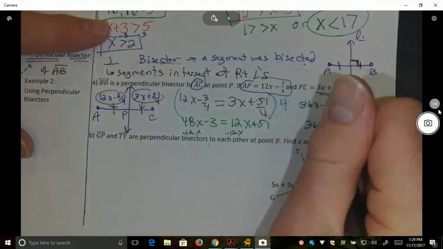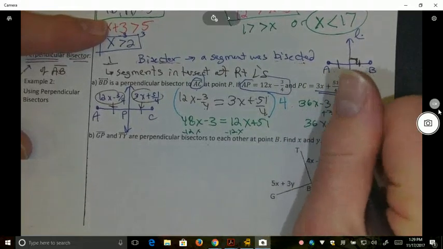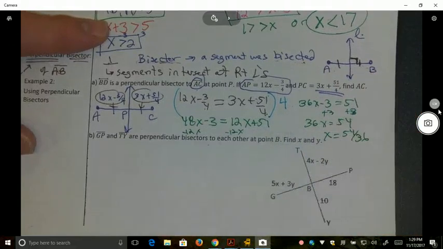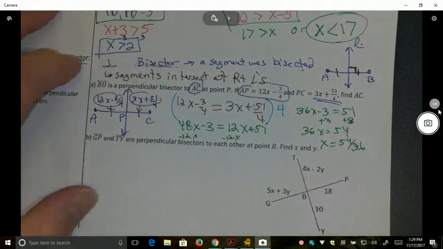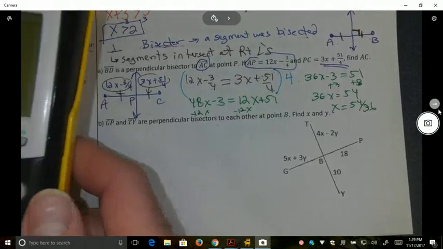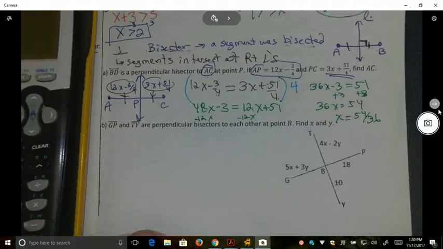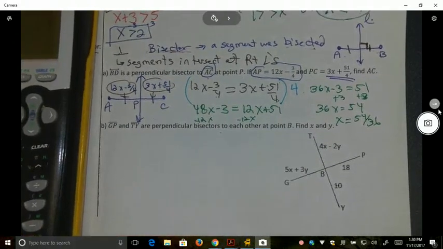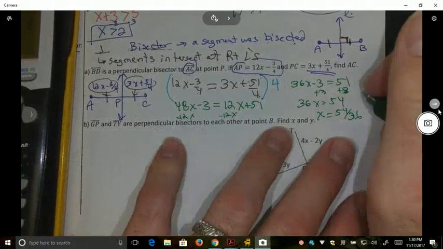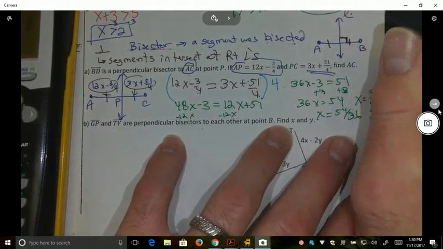So 36x equals 54. Divide 54 by 36. 9 goes into both, so that should be 6/4. It'll reduce further than that. So 3/2. In terms of a fraction, the value of x is 3/2, or 1.5.